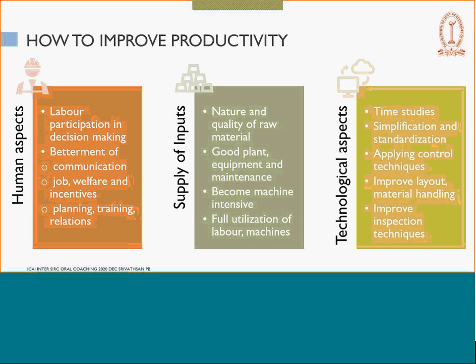Apply control techniques. So if there are errors, how to find them using technology. Say use some sensors to identify whether there are any problems. The most common example, probably you would have also heard it elsewhere, is of a company making bathing soaps.